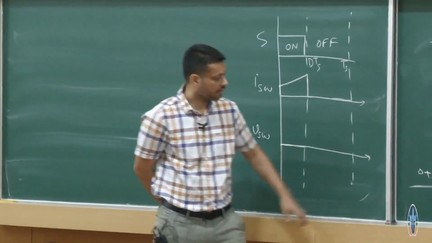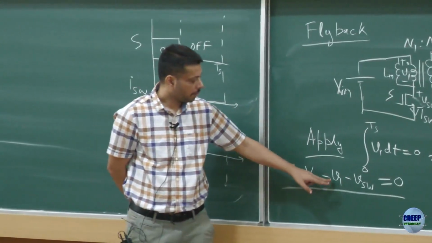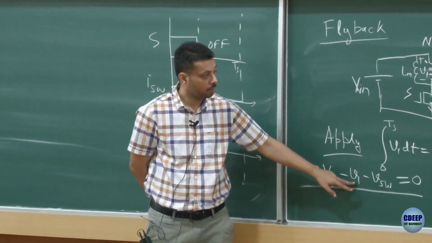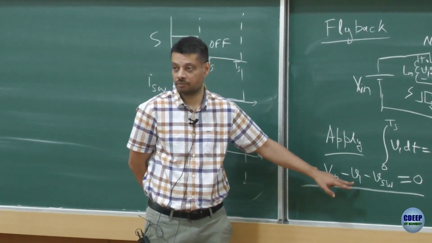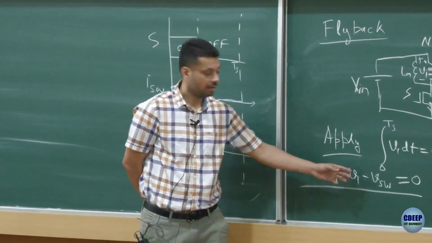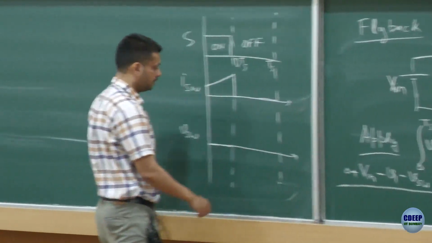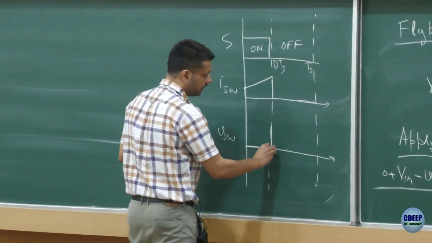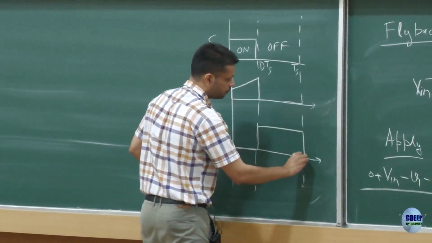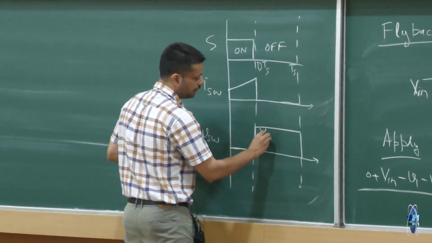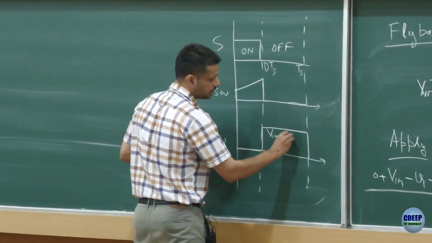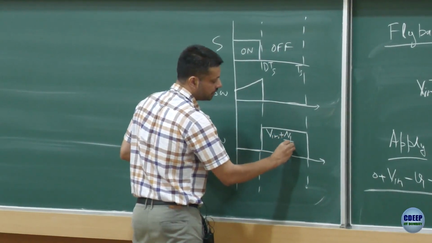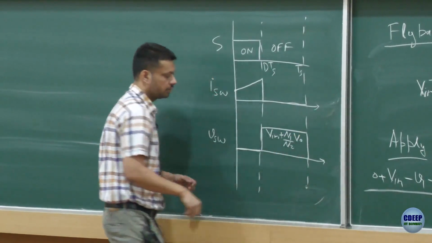When the switch is off, V1 is equal to minus N1 by N2 times V0, so it will overall become plus. Vsw you can take to the other side. So it would be a positive quantity whose value would be equal to Vin plus N1 by N2 times V0.